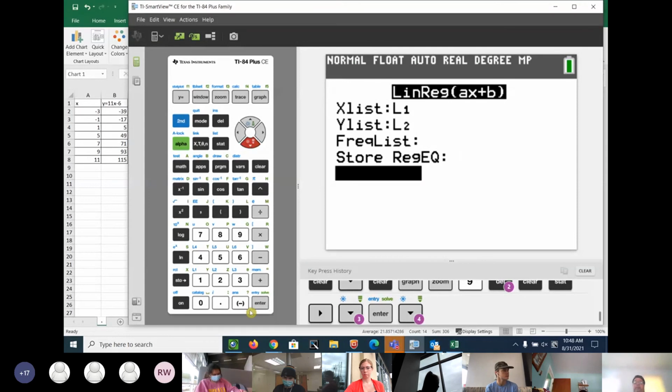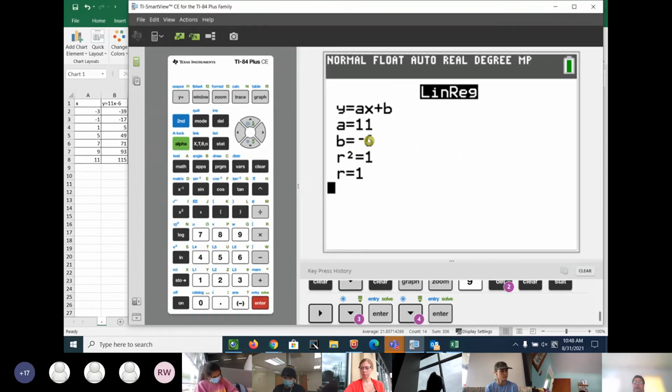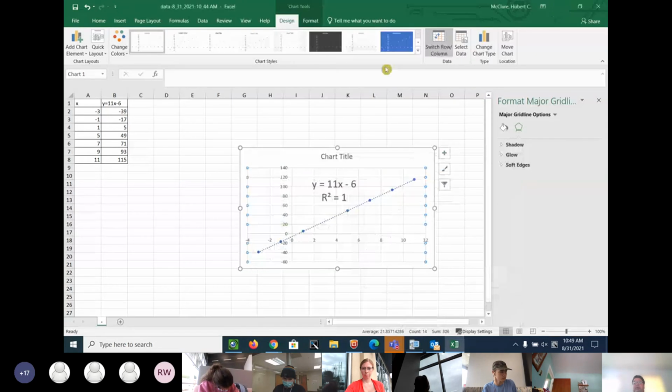And there it is. Y is equal to 11x minus 6. Sorry about that. So that's how you do it on the calculator, and that's how you do it on the Excel spreadsheet.